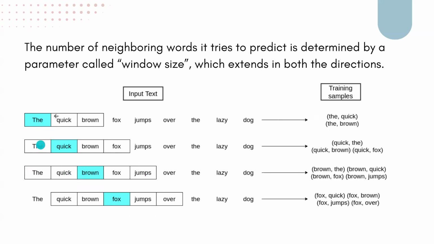And if there are no words present before our target word or after the target word, then we just look for the words that are present. So suppose for the, we are going to look for quick and brown. So the training samples will contain the quick and the brown. And similarly for brown, there are brown the, brown quick, brown fox, and brown jumps. These are written over here. So they are basically the tuples that are fed into the network.